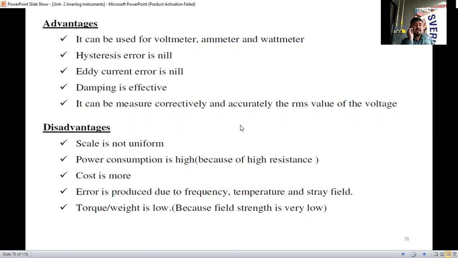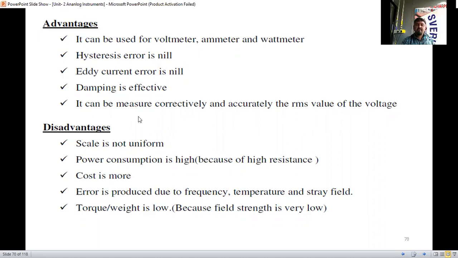Because of this, the iron losses like hysteresis and eddy currents are zero here. There are no iron losses. For that reason, the second advantage is that hysteresis error is nil, and the third advantage is that eddy current error is nil. We are using the air damping method, so damping is effective.